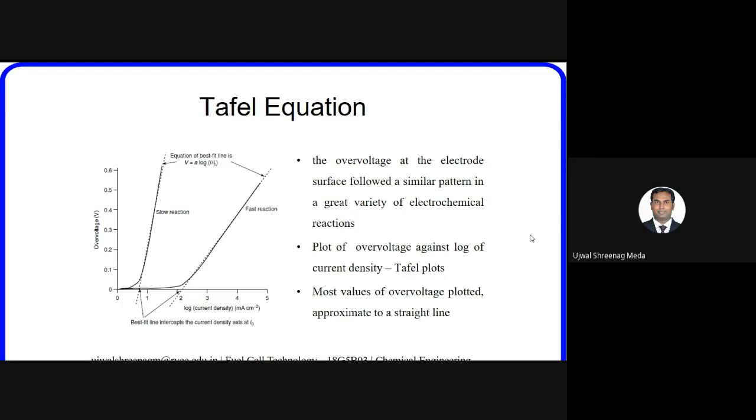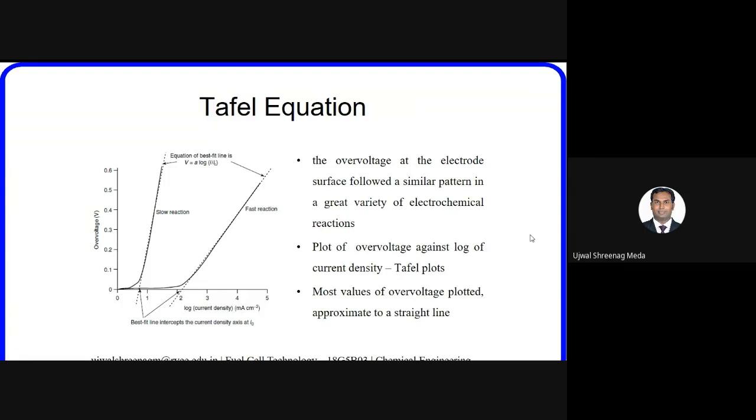The overvoltage or activation loss is plotted against the logarithm of current density, the current being drawn per unit area of the electrode. So the logarithm of that current density is on the x-axis and overvoltage on the y-axis.